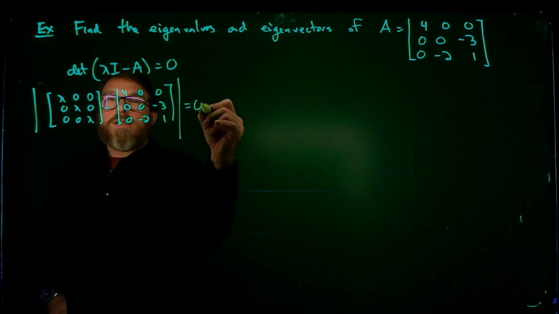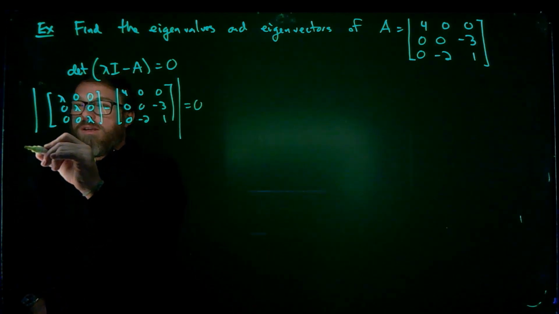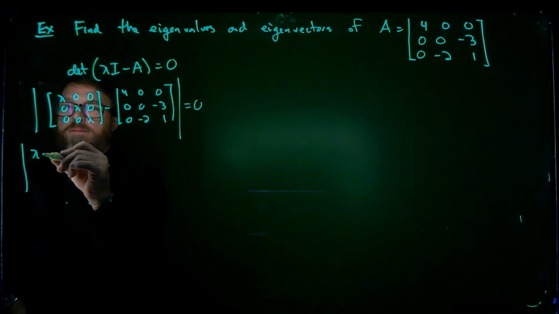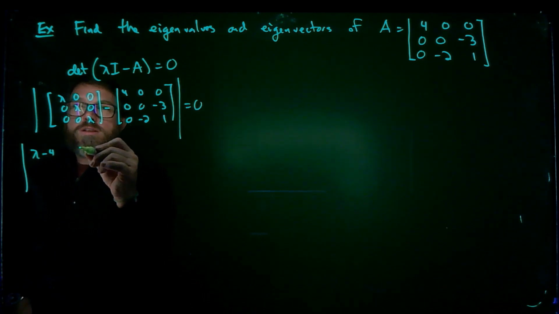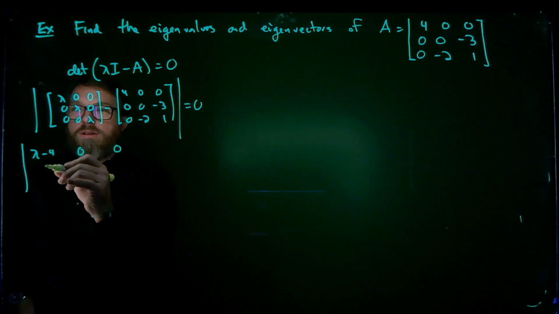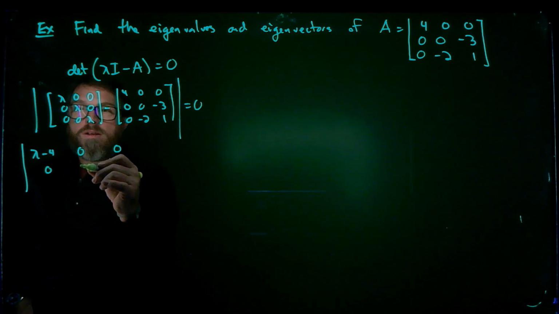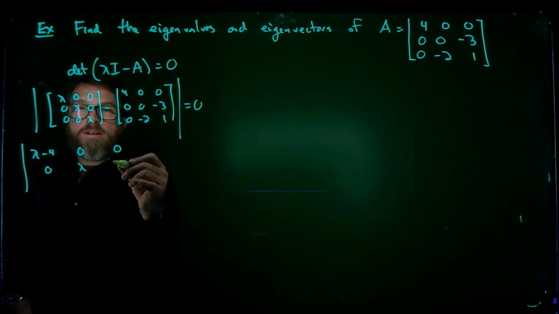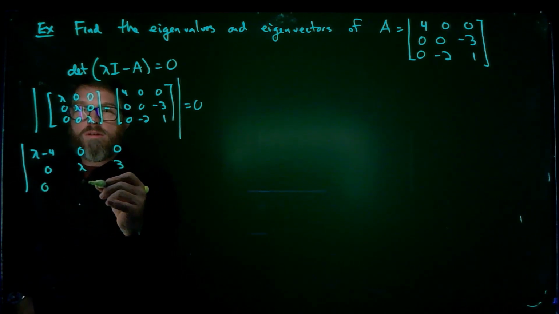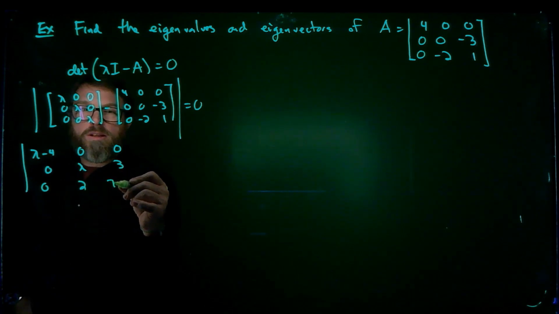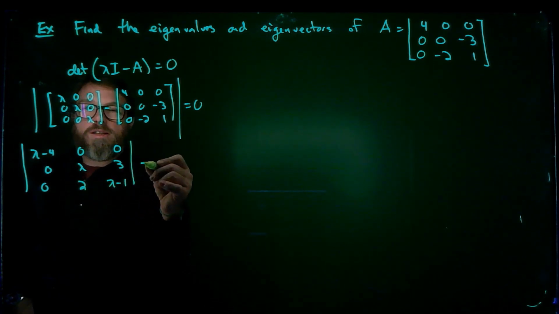Find its determinant, set it equal to 0. So this is going to be lambda minus 4, 0, 0, 0, lambda, 3, 0, 2, lambda minus 1. And set this equal to 0.